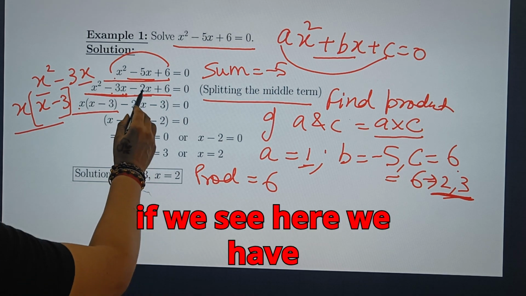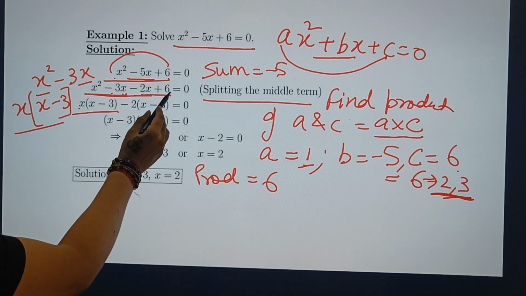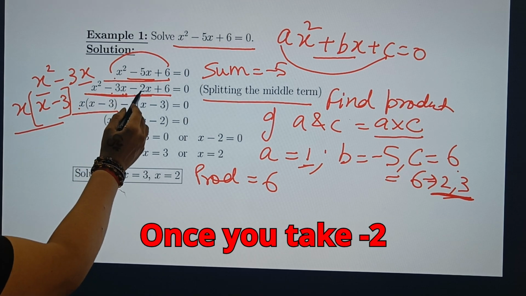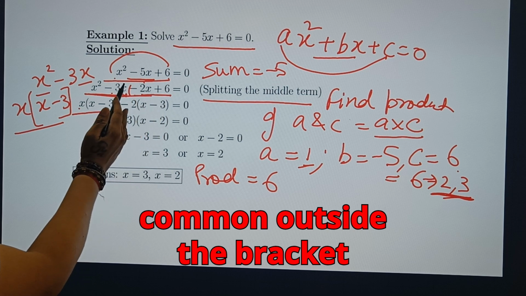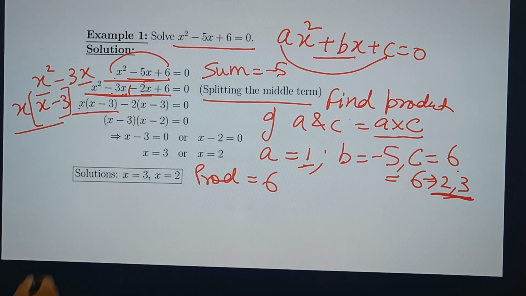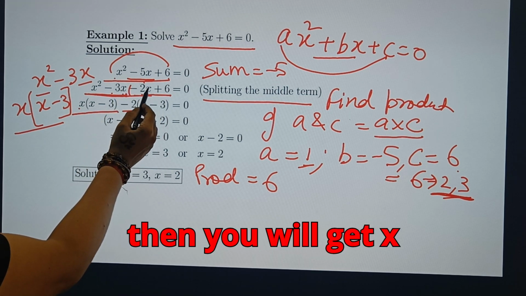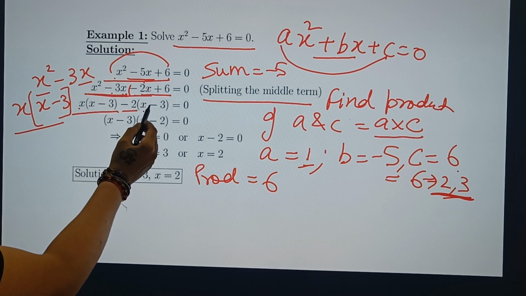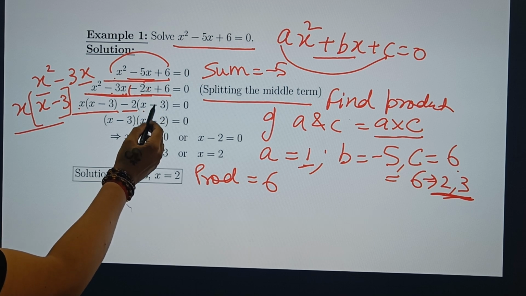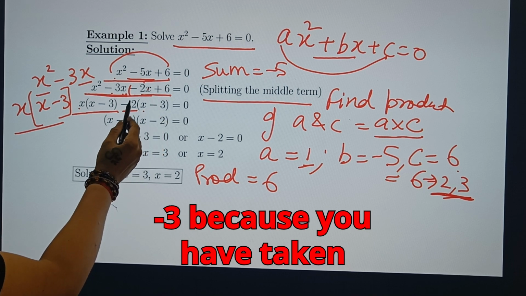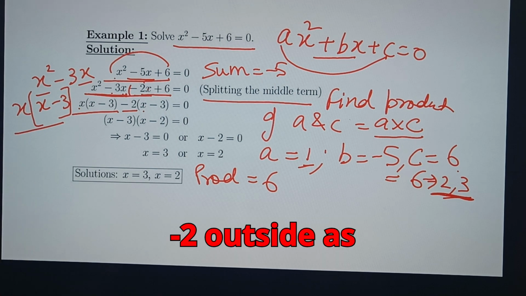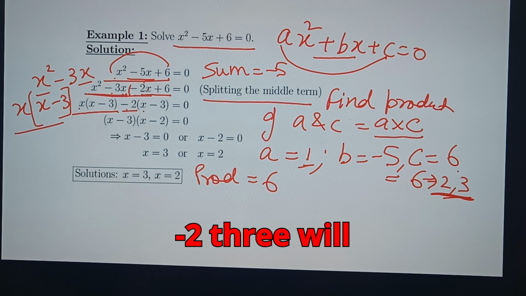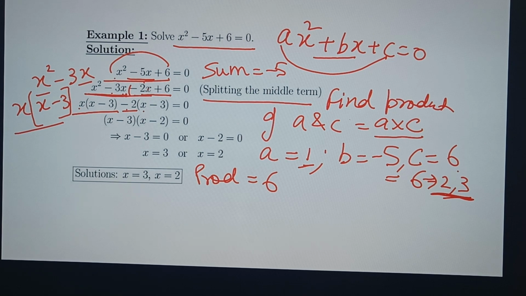Similarly, if we see here, we have taken minus 2 common here. Once you take minus 2 common outside the bracket, then you will get x here because you have taken 2 outside, and here you are going to get minus 3 because you have taken minus 2 outside, as minus 2 into minus 3 will give you 6.